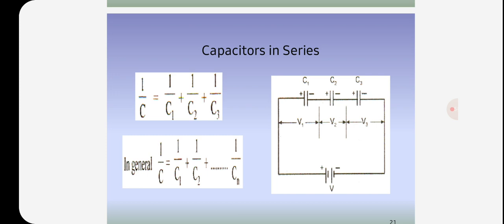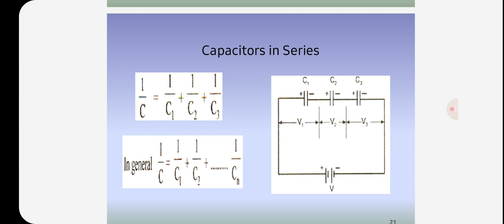So C equivalent is equal to C1 C2 by C1 plus C2. This formula can be directly used hereafter to calculate the equivalent capacitance when two capacitors are in series.